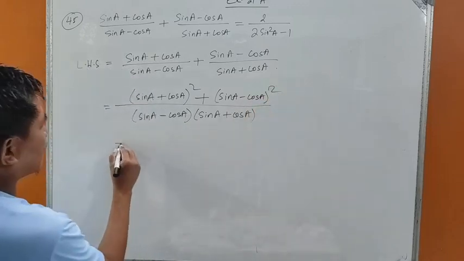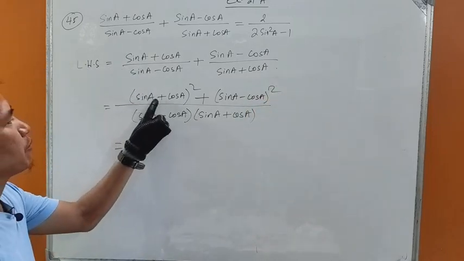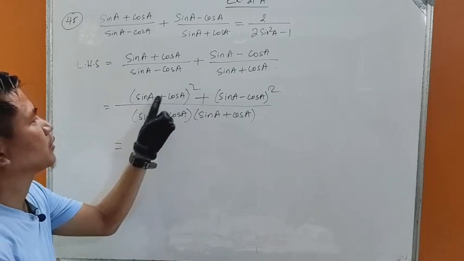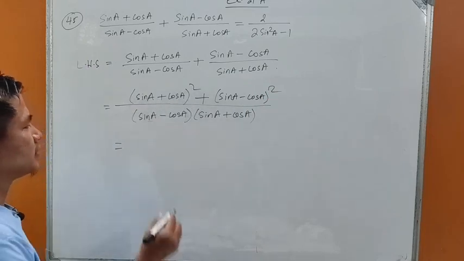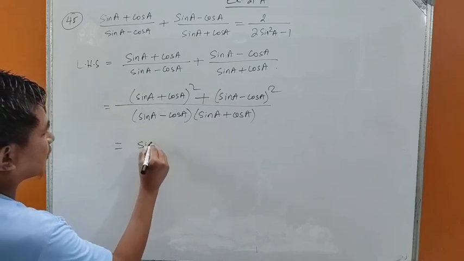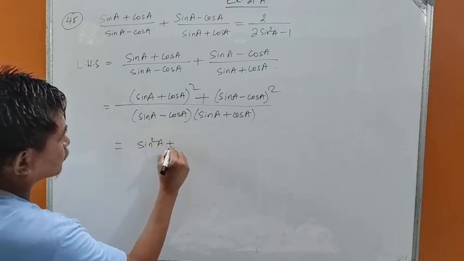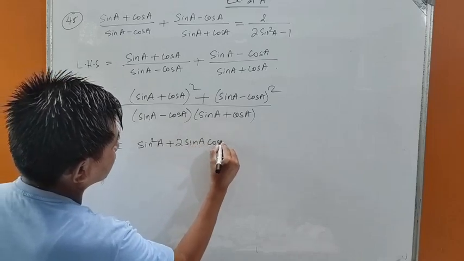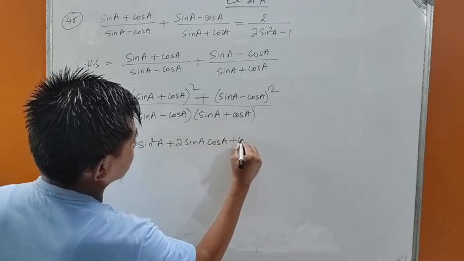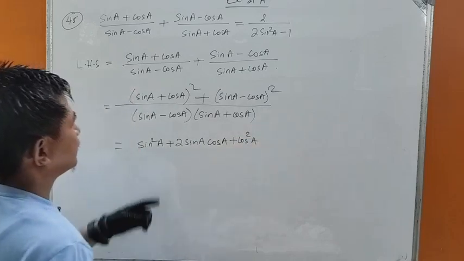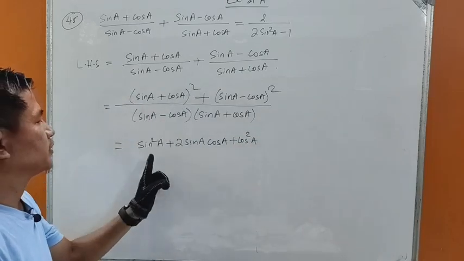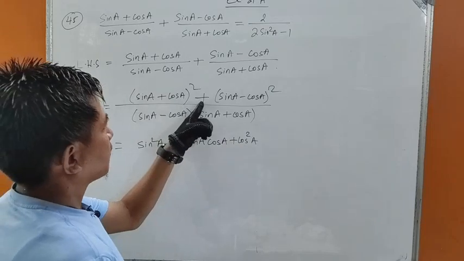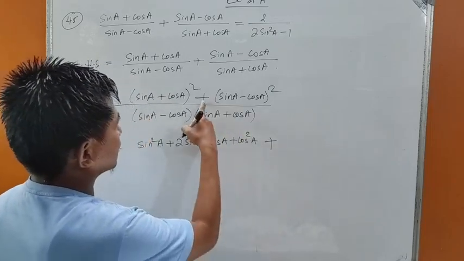Now for a plus b whole square, we can use the formula. Sin A plus cos A whole square means a plus b whole square, isn't it? So a square plus 2ab plus b square, plus this plus comes here.